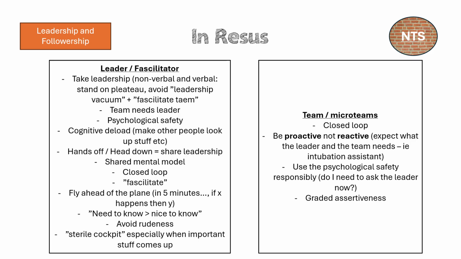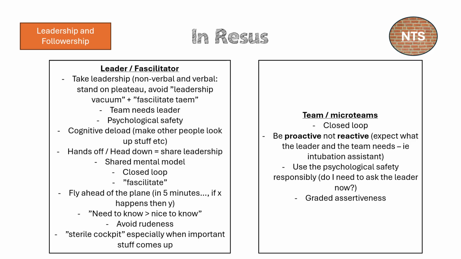But then, if you have a really high intensity case, all the micro teams are doing their small things. But sometimes one of the things that one of the micro teams is doing will have an effect on all the other micro teams. So, for instance, if you suddenly have to intubate this patient, if the patient is doing badly and really has to be intubated now, then this intubation might make the blood pressure go down and so on.